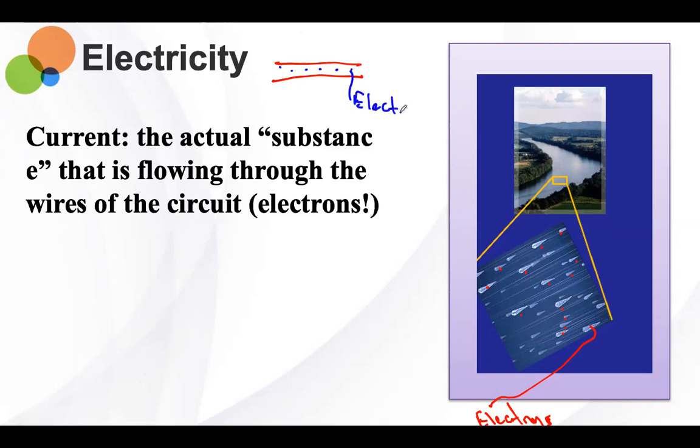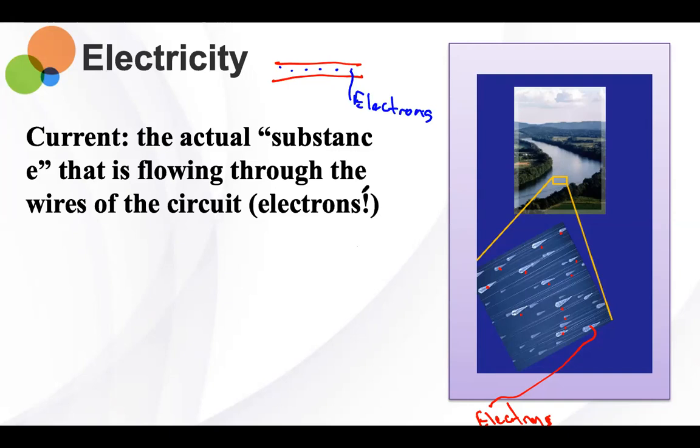So the current, the actual substance that is flowing through the wires of the circuit, are called electrons. The actual substances that are flowing, the blue stuff, those are called electrons. Is this clear? The actual substances that are flowing are called electrons in the circuit. Is that clear? Yes, sir.